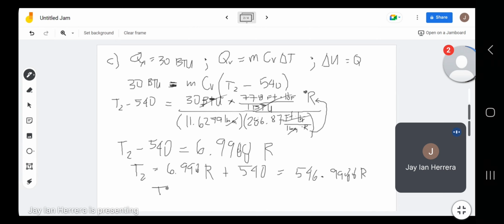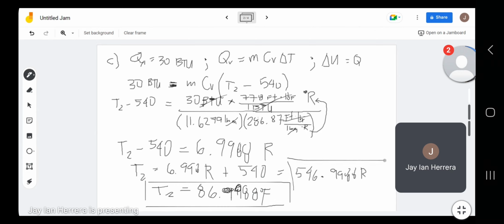Or we can say that it is, so minus 460, we will get 86.9988 or roughly 87 degree Fahrenheit. Pwede rin ito yung answer. So, yeah, very.